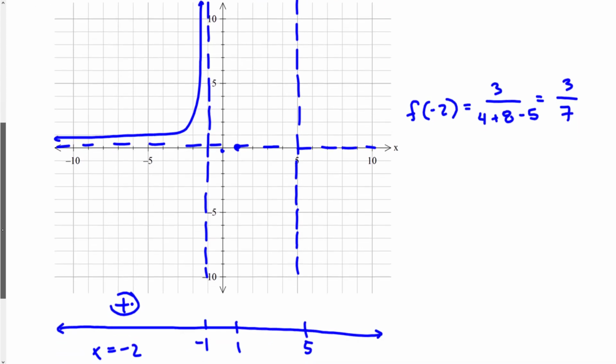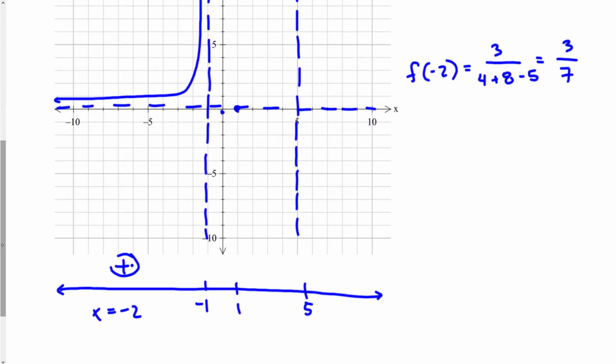Now, on the next interval, I already have a value that I've used. 0 evaluated to -1/5 because that was my y-intercept. And then on the interval from 1 to 5, I can try, say, +2. So this would be 1 minus 2, which would be -1, over 2 squared, which is 4, minus 4 times 2, so -8, minus 5.